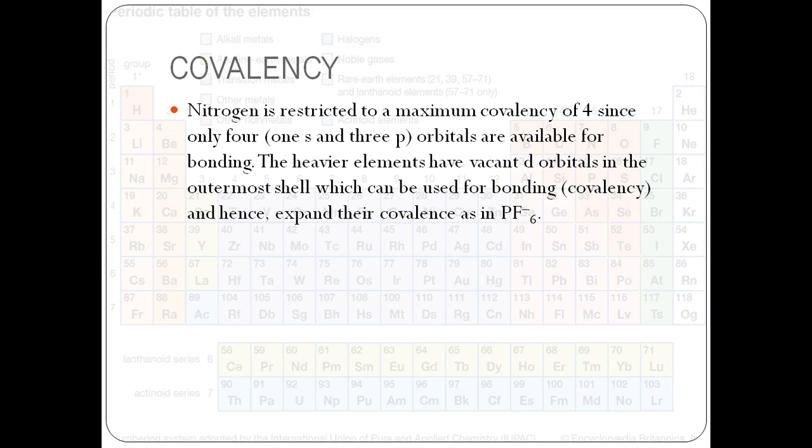Maximum covalency in nitrogen is restricted to 4 because 1s and 3p, total 4 orbitals, are available for bonding. However, in heavier elements, there is a presence of vacant d orbitals. So, they can expand their covalency up to 6. For example, in PF6 negative.